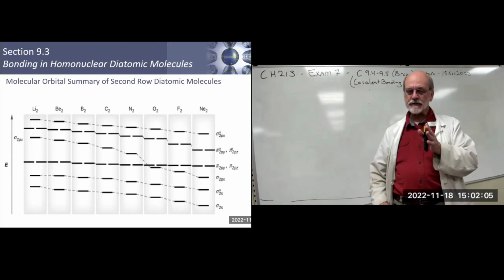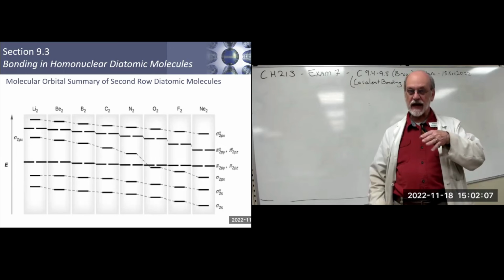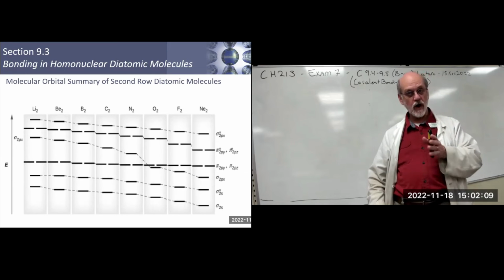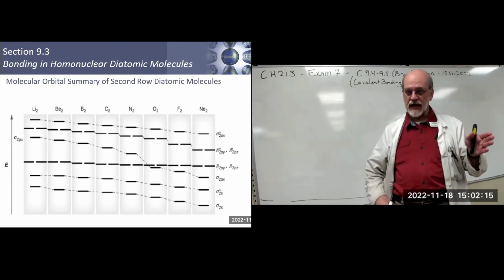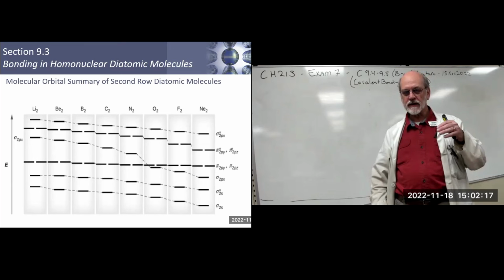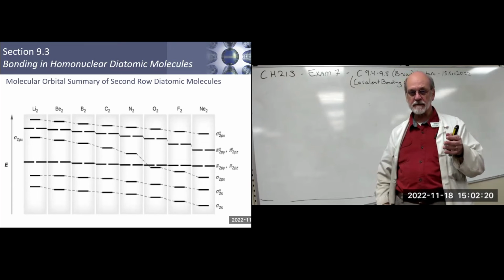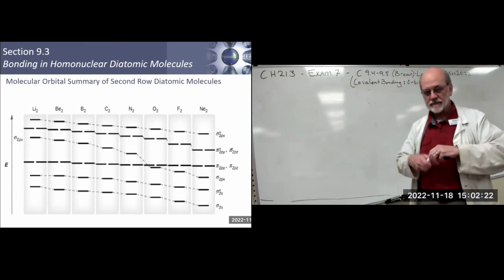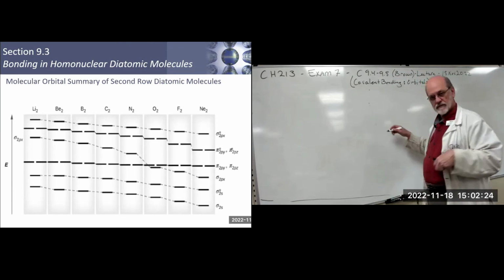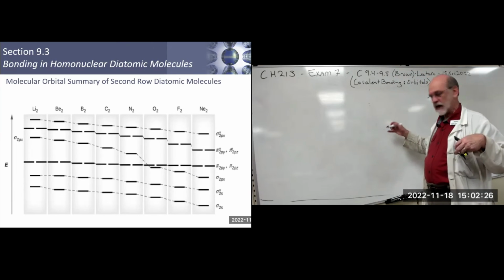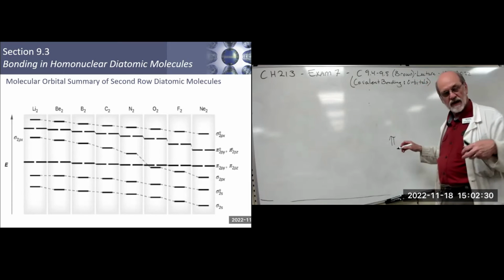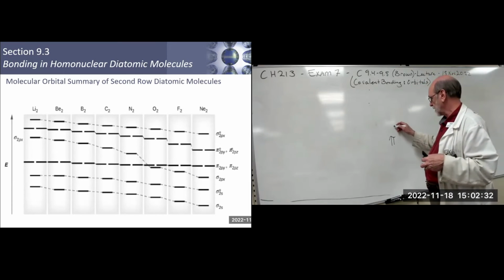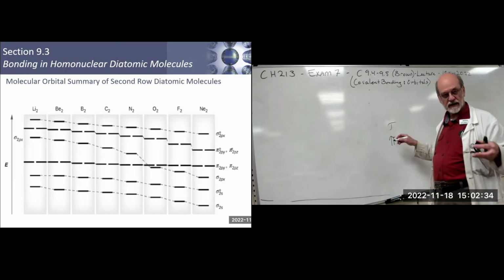So to the left, nitrogen and dinitrogen, and notice these are all homonuclear diatomic molecules. To the left of that, you have significant sp mixing, which places the pi molecular orbital beneath the sigma molecular orbital.